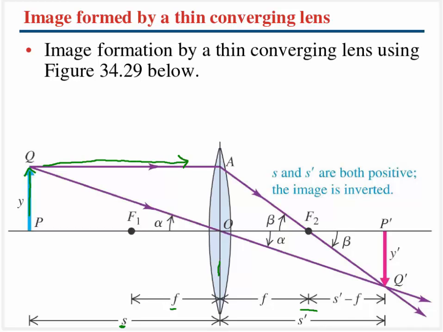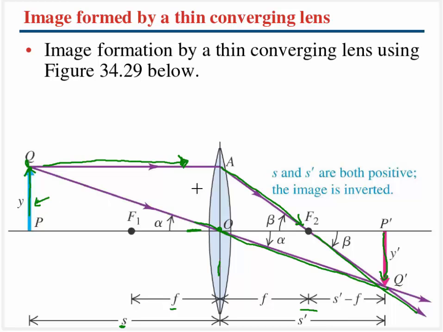We have a ray parallel to the optical axis that's going to go through the lens and get bent down through the focal point, and keep on going like that. If we draw a line starting from the very tip of the arrow, going through the very center of the lens along the optical axis, it's going to pass through the lens undeflected, much like the one that hit the normal surface of the mirror. And the intersection of those two is going to be where the tip of this image is located.